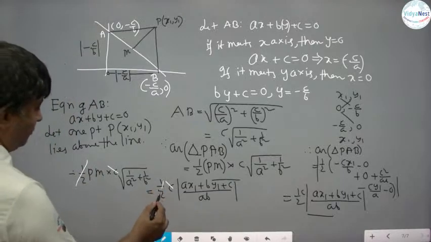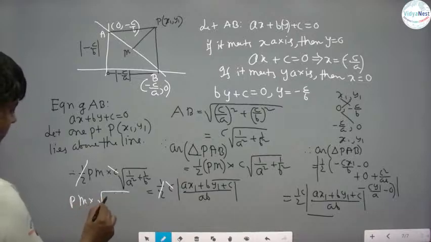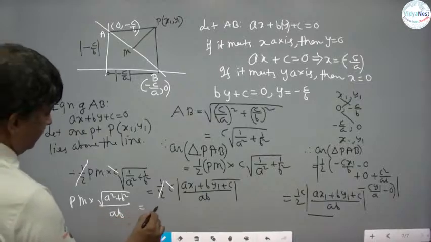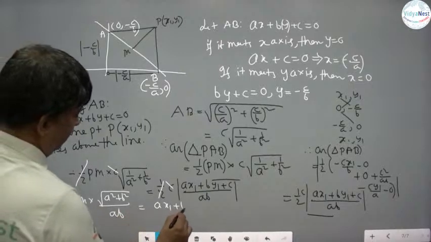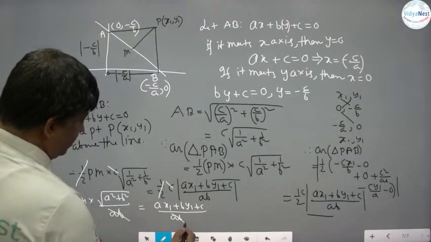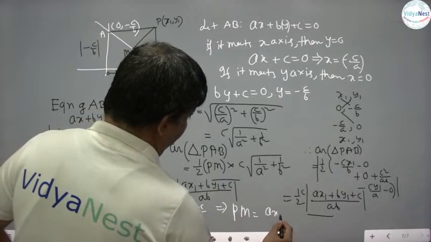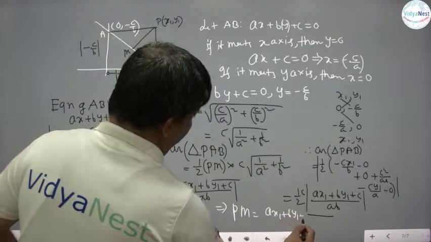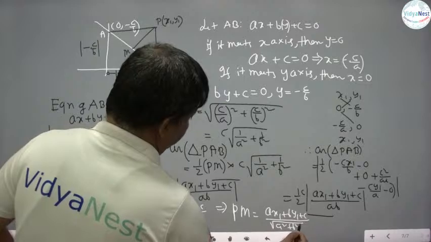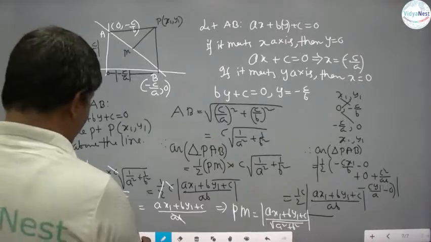Half will be cut from both sides. PM times root of a square plus b square by ab is equal to a x1 plus b y1 plus c by ab. So what is PM? PM is a x1 plus b y1 plus c by root over of a square plus b square.